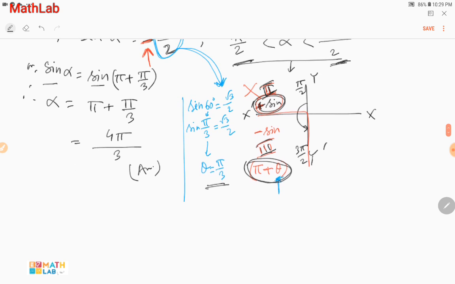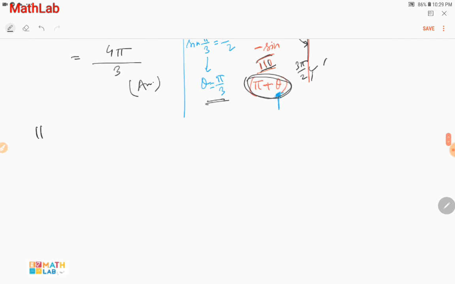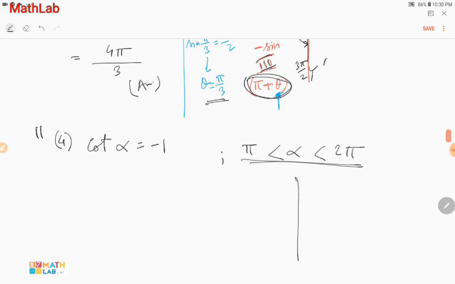Okay, now question number 4. Question number 4 is cot alpha equals minus 1, and our condition is pi less than alpha less than 2 pi. According to this condition, this is pi and this is 2 pi, so we have to take quadrant 3 and quadrant 4.